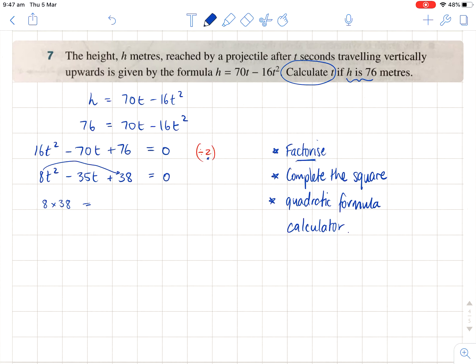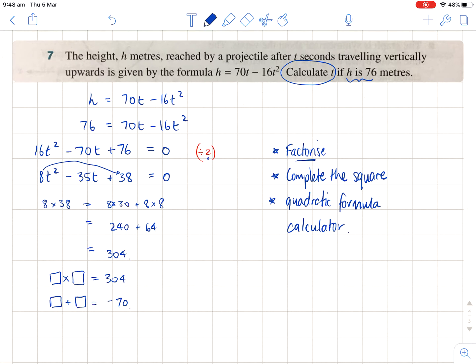So 8 times 38, I do 8 times 30 plus 8 times 8, which equals 240 plus 64, which is 304. And now I want 2 factors that multiply to equal 304, and the same 2 factors that add to equal negative 70.